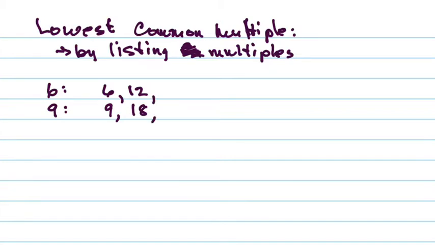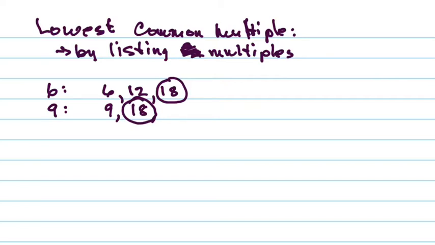And so what I'm going to do is I'm just going to keep listing multiples until I get a number that matches. So 6, 12, 18. What do you notice? Do I need to go any further? No. So the lowest common multiple for those two numbers is 18.